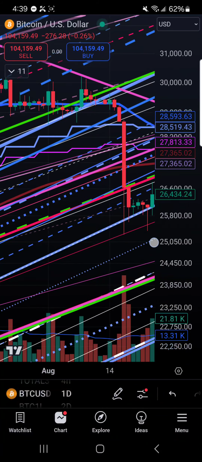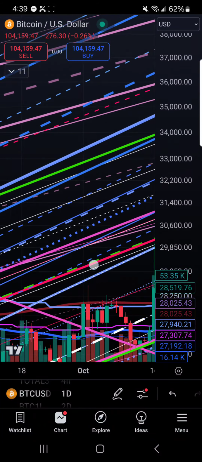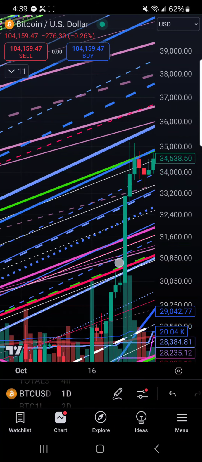Or this is actually, I'm sorry, this is the blue channel that we're currently trading in. This trend line is the top of the blue channel that I'm talking about. And I've also broken it down into many others, and we've traded across this channel as well as others.